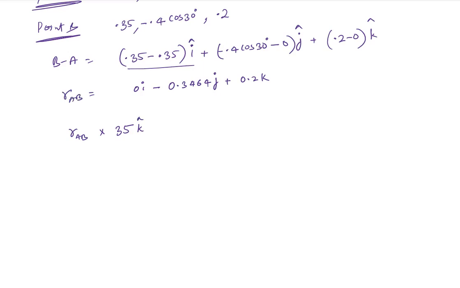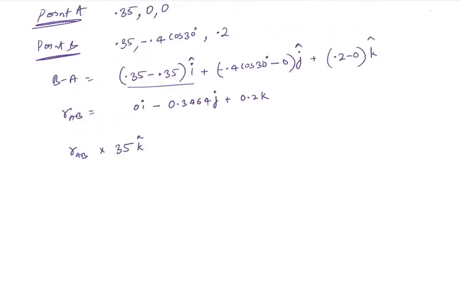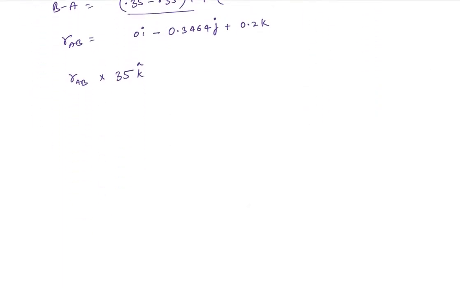Well, we can't just simply write k, right? There has to be an ijk. Even though it is 0, we wrote this as ijk. So we're going to write this 35k also as 0i. So RAB times 0i plus 0j plus 35.